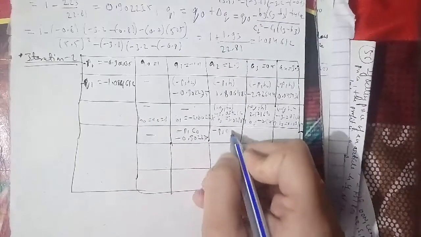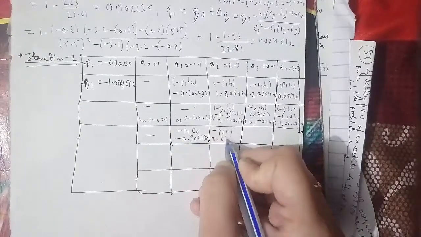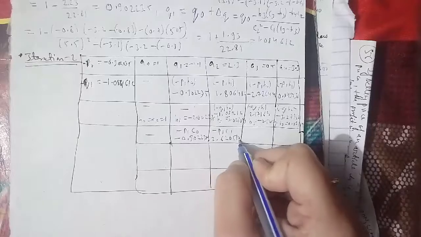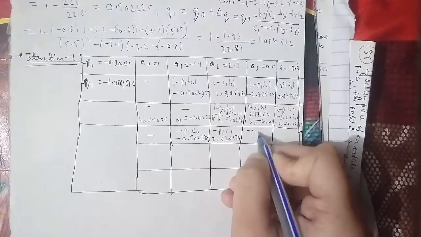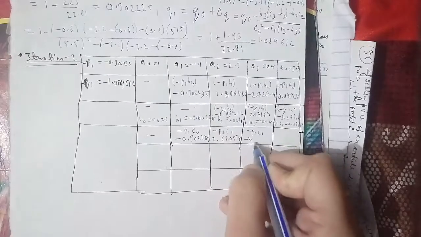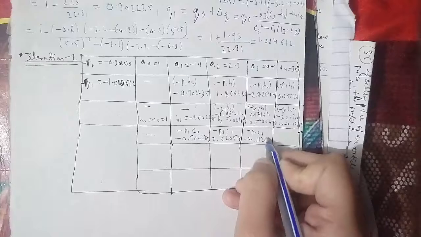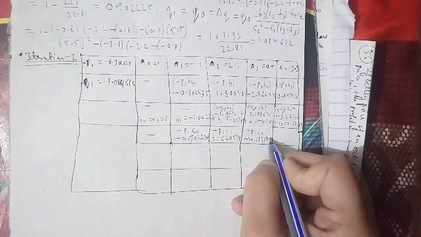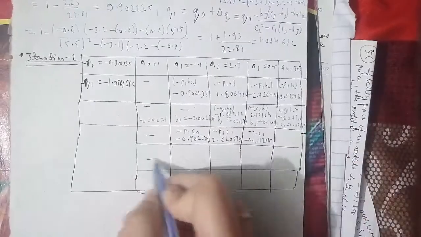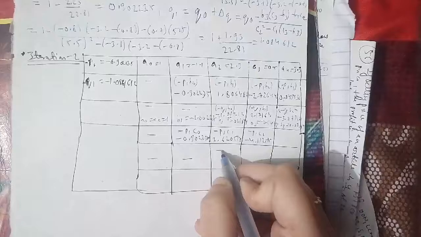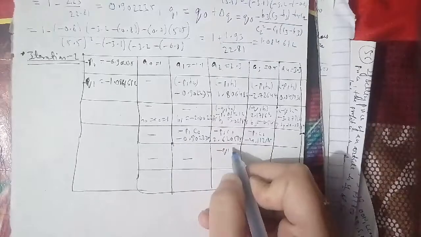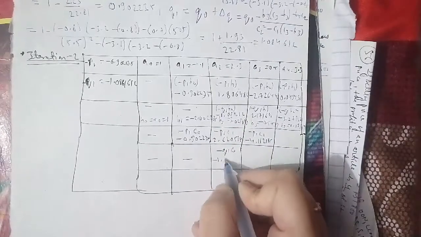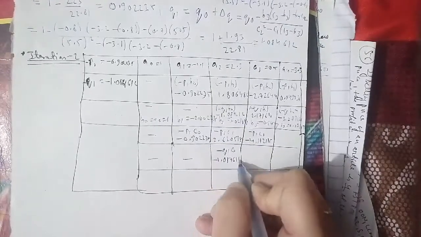C0 is equal to 1. C1 equals 2.90447. C2 is equal to 4.55776. C3 is equal to minus 1.016755 that we have. This has been the table.